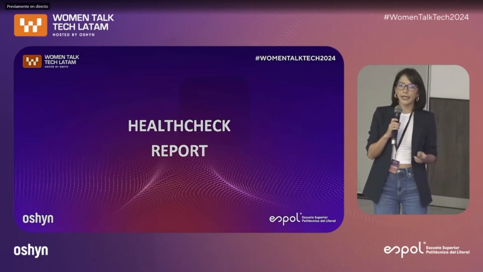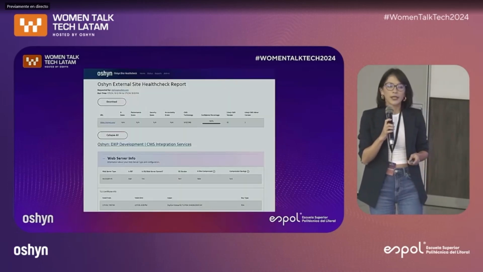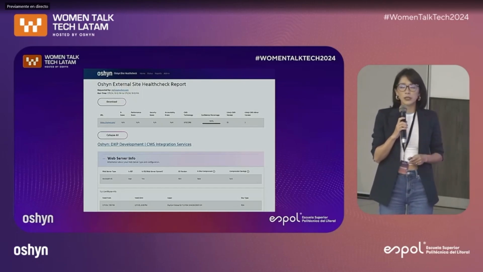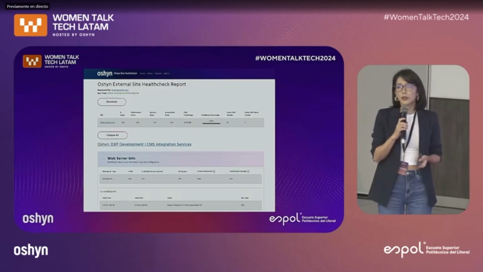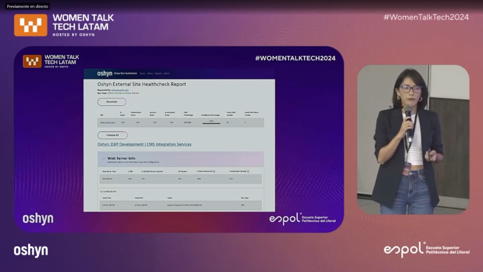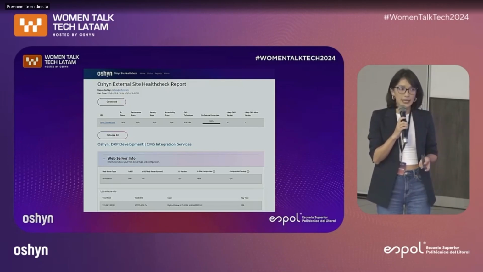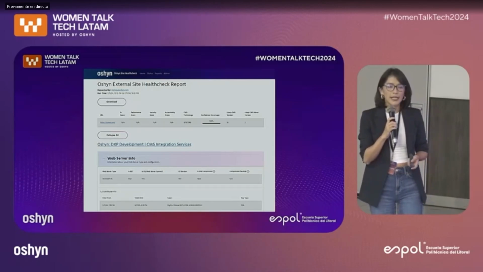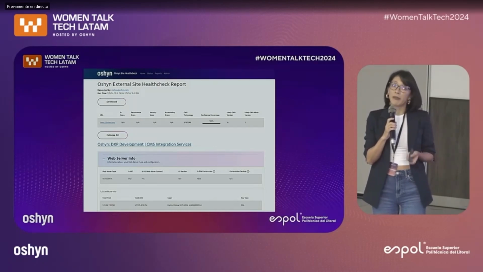And let's talk about the health check report. What is this? The most advanced version of the reliability report. This is a tool that Ocean develops, and it's a product. When you want to solve the problems of your clients, and the business core focuses on sales and the web platforms that are important to create a presence on the internet, a report such as this is important to identify things.